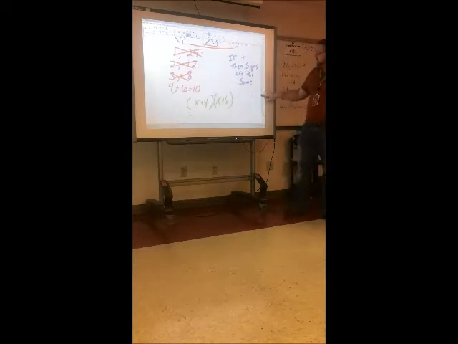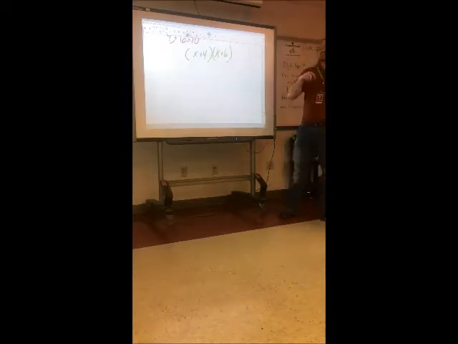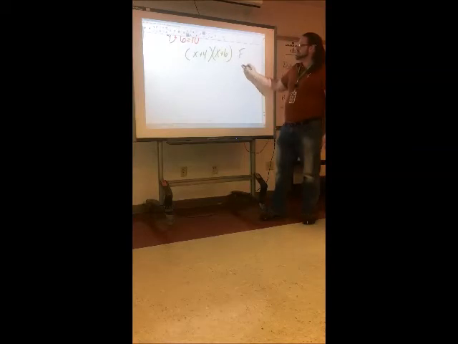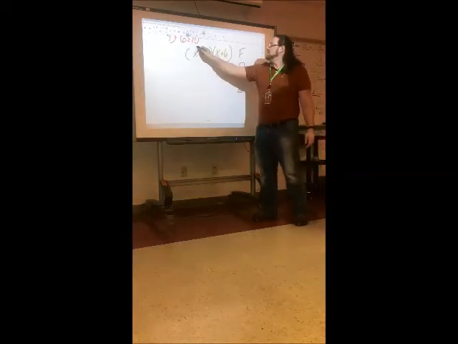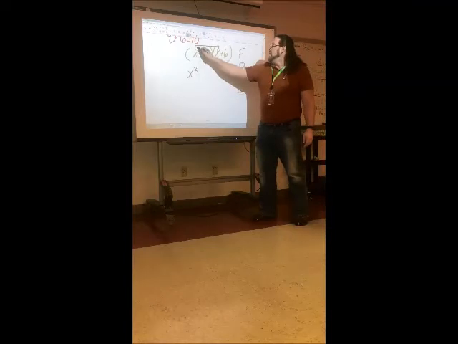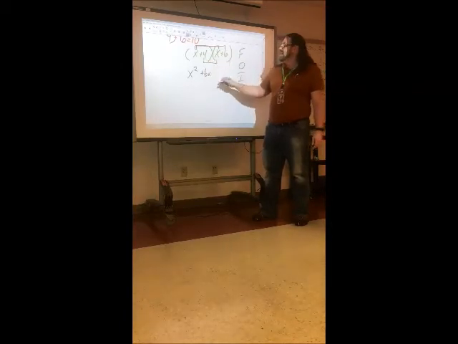And let's say you're like, well, Mr. Butler, I don't believe you. I don't think that was the right answer. We can always do it again using FOIL to check our work. So remember, FOIL is first, outer, inner, and then last. So x times x is x squared. X times 6 is plus 6x. 4 times x is plus 4x.